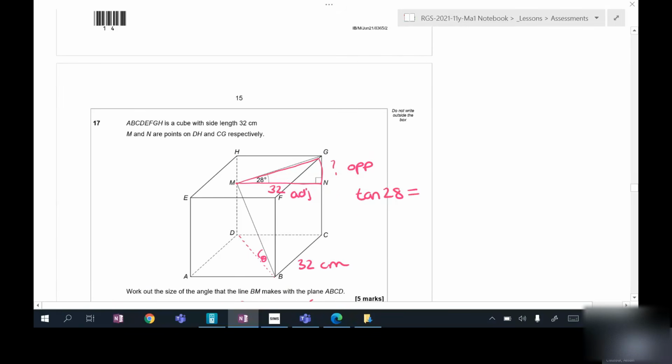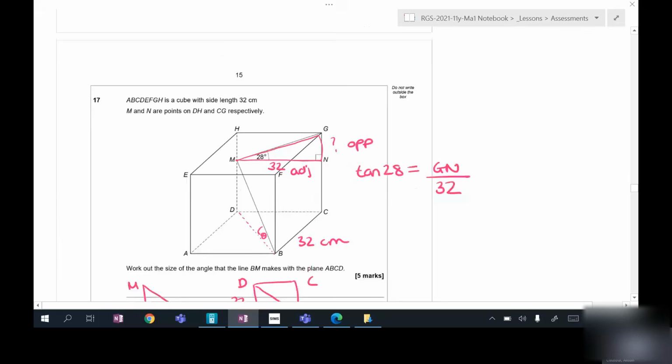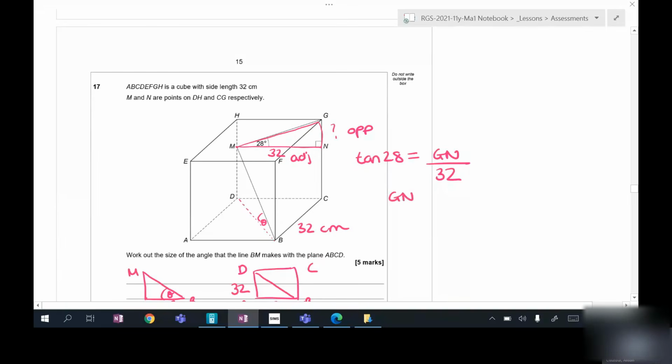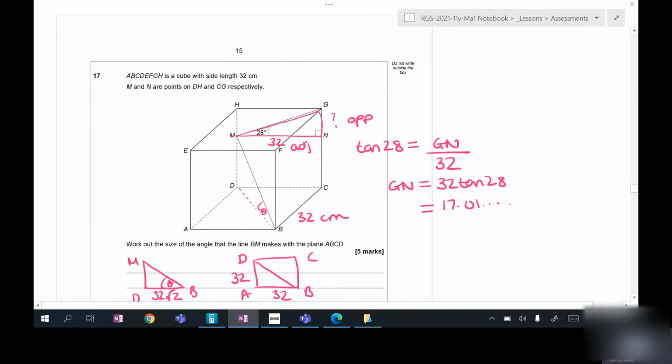So tan 28 is the same as G to N divided by 32. Okay, so that makes that 17. I'm not going to round that number, but that is the distance G to N.